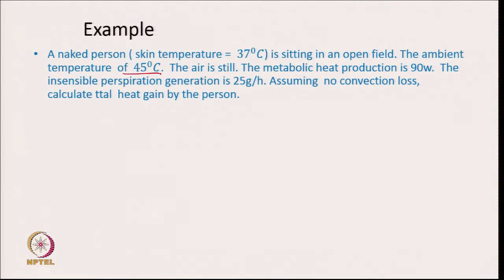That means it is a very hot climate. The air is still, so there is no air movement. The metabolic heat production is 90 watt, because he is not doing any activity, but simply sitting idle. The insensible perspiration generation is 25 gram per hour.